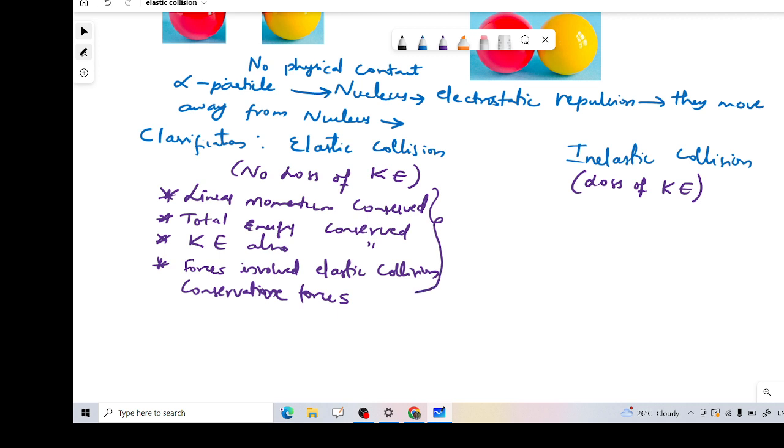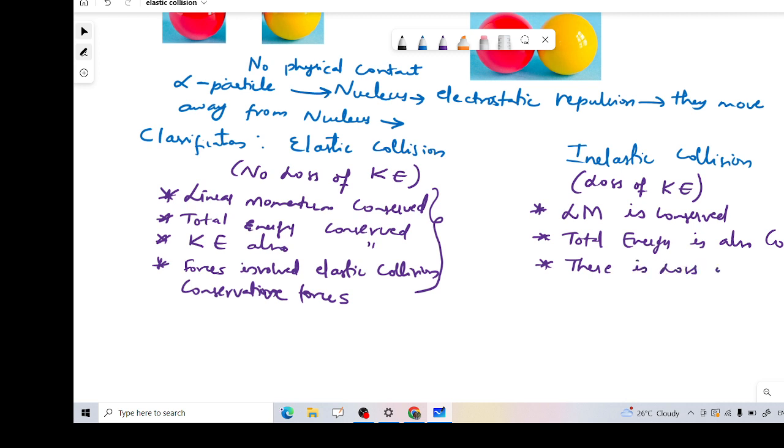In the inelastic collision, linear momentum is conserved and total energy is also conserved, but there is a loss of kinetic energy, which means kinetic energy is not conserved here.